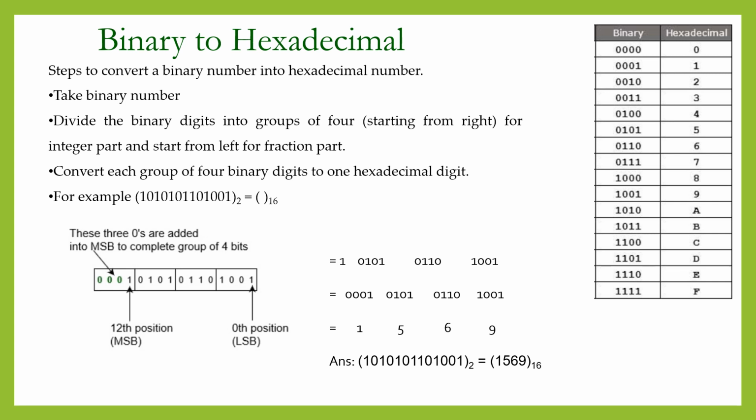Now write the hexadecimal number for each 4-bit group from the table. Hexadecimal value of 0001 is 1, hexadecimal value of 0101 is 5, hexadecimal value of 0110 is 6, and 1001 is equal to 9. Hence the recorded hexadecimal equivalent is 1569.